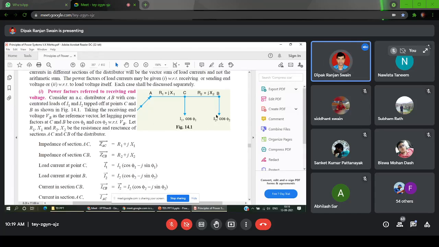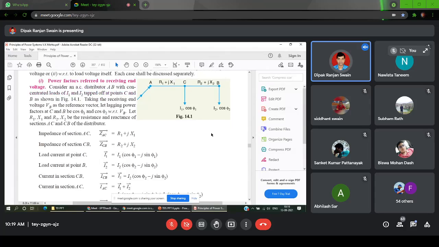As I have told, the calculation will be more; that is the only thing. The concept will remain the same. Now what will be the current in this section BC? The current in section BC will be I2 only. The current in the section AC will be I1 plus I2, but when you add them, it will be done in vectorial mode.